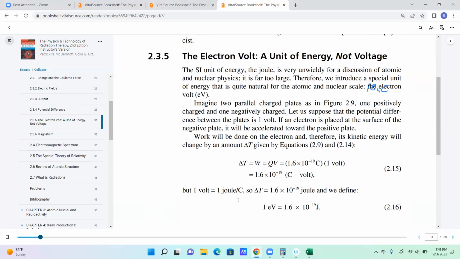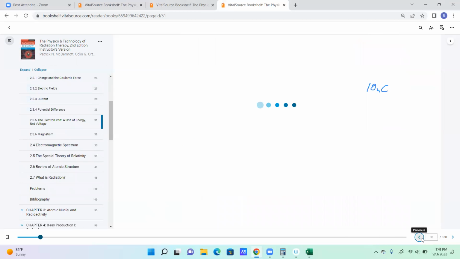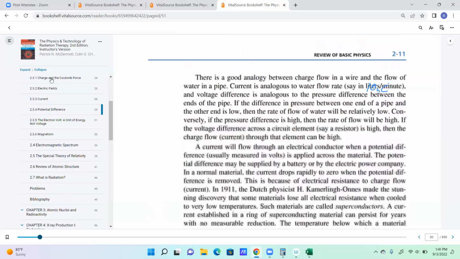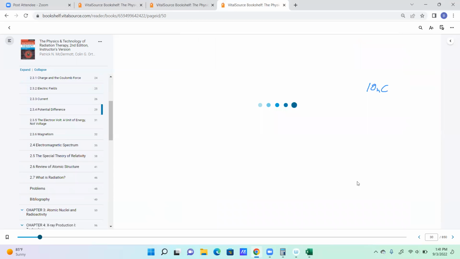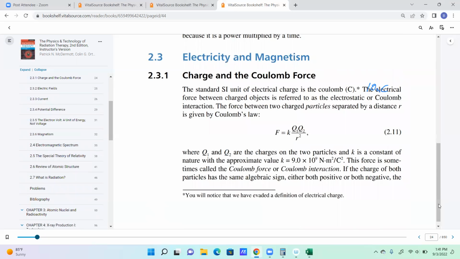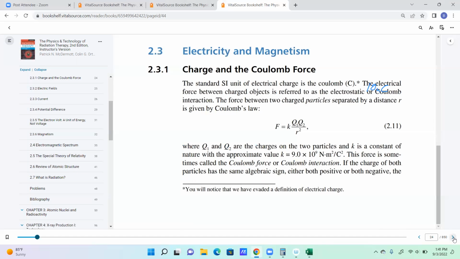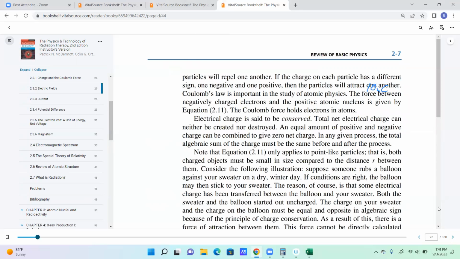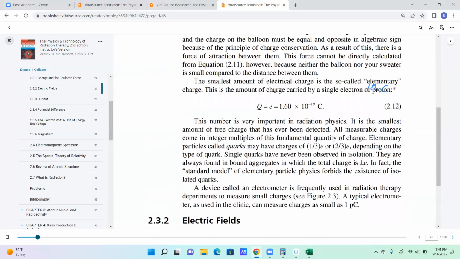No, I think it's further back. Actually, let's go to charge and the Coulomb force. That's where it should be. There we go, that's what I need right there. So one electron charge is equal to this.